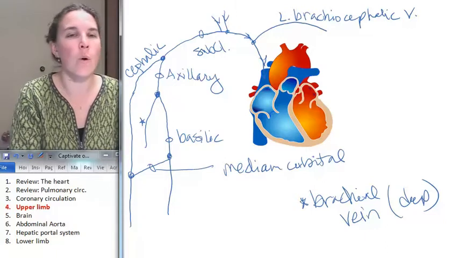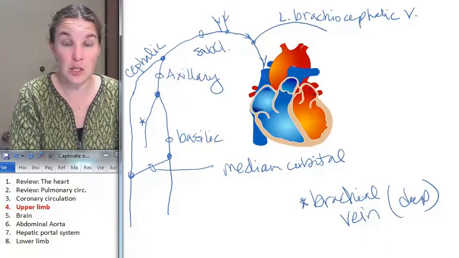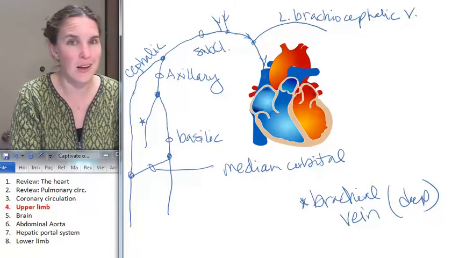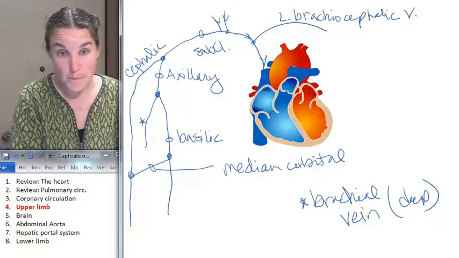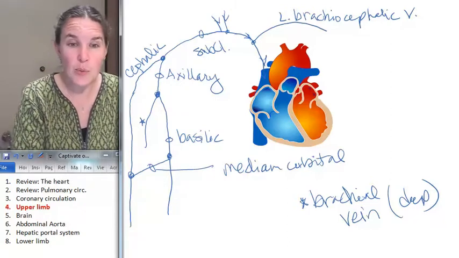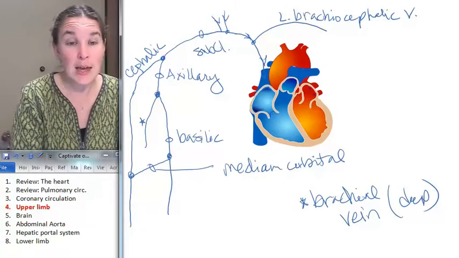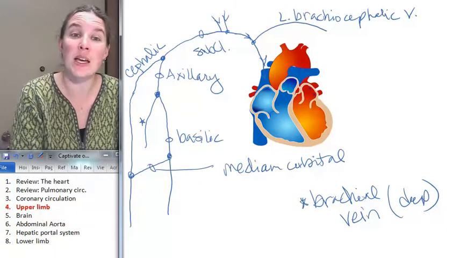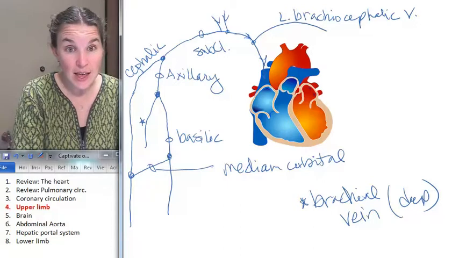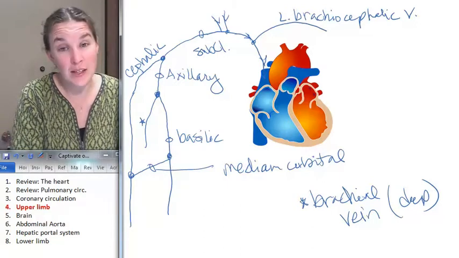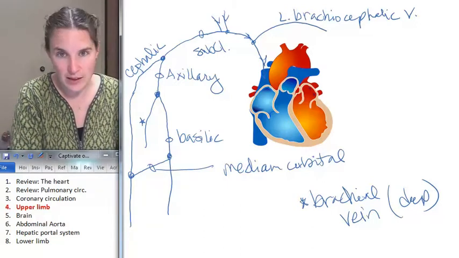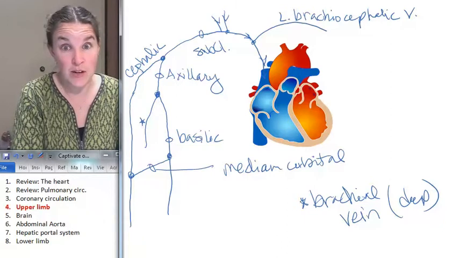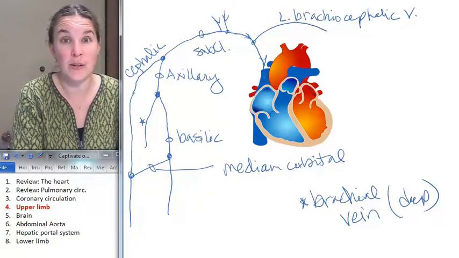It went through the whole arterial pathway to get to your fingers. Now it's going to come back. There's lots of ways it could come. If it's in your pinky, it'll probably come up basilic, and it probably will continue up basilic and then head into axillary and then head into subclavian and brachiocephalic and back into superior vena cava and into the right atrium.